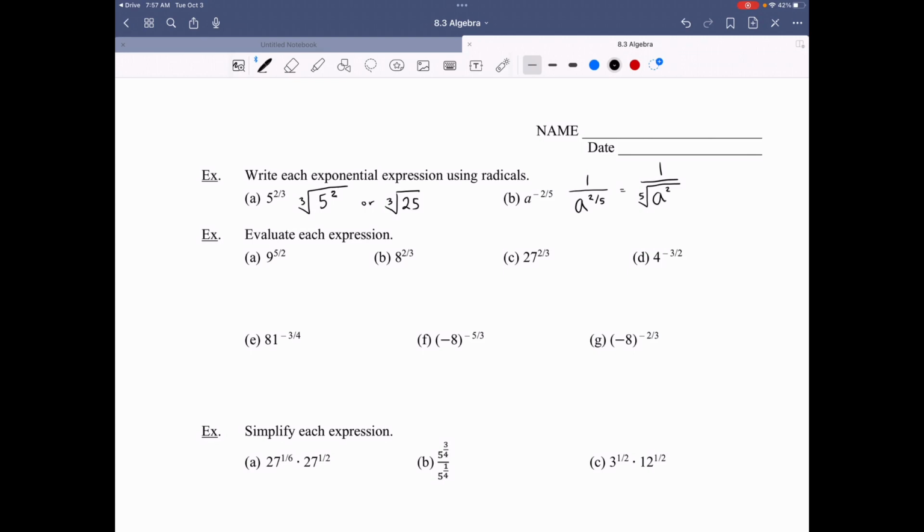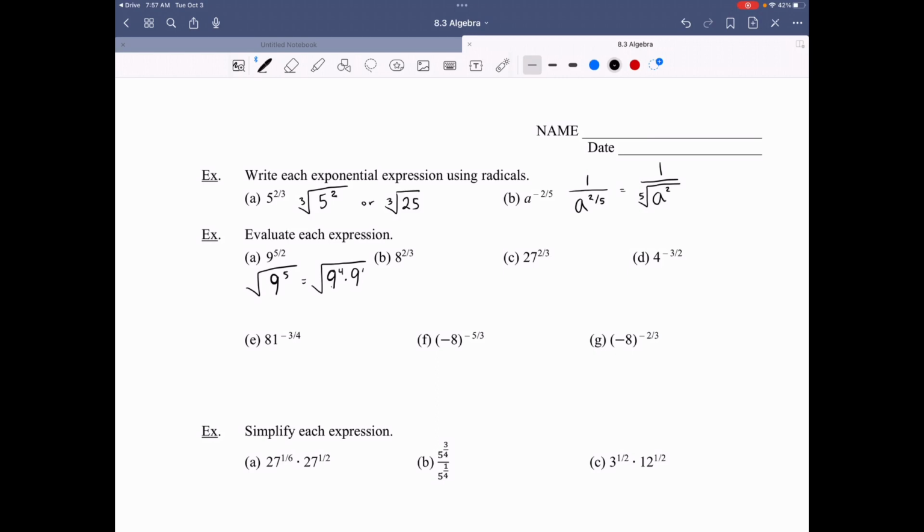Let's evaluate each expression. We have 9 to the 5/2, so that's 9 to the 5th, and I'm going to take the square root. From here, I know I could also do what we did in our last class, and change this to 9 to the 4th and 9 to the 1st, and take the square root. 9 to the 4th is going to come out.